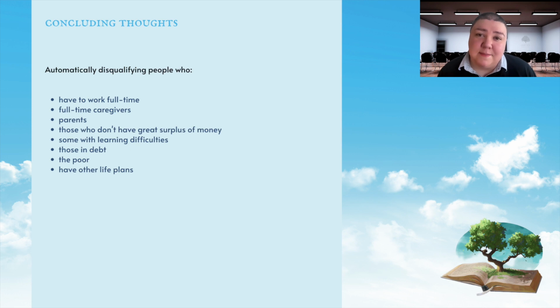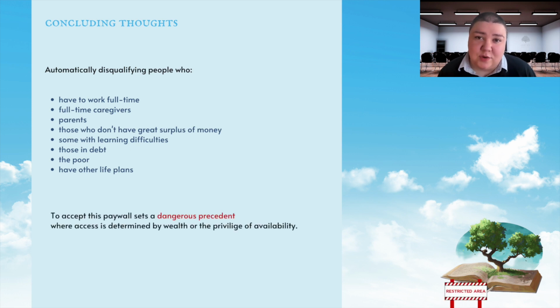You see, this becomes a dangerous precedent to set, to accept this paywall, where access is determined by wealth or the privilege of availability. And that wall is something that we'd like to work at combating.